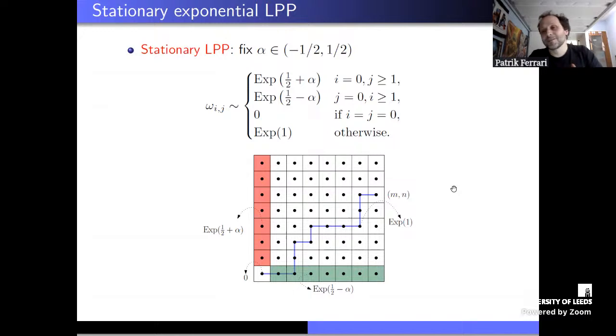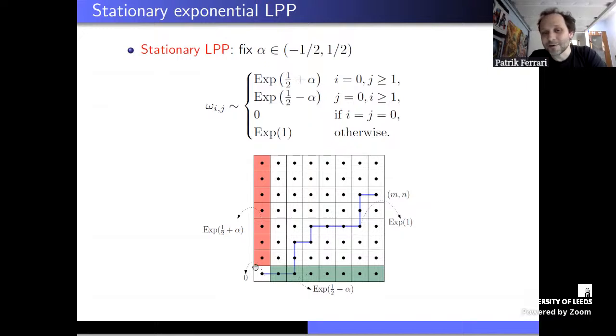In this talk, we will speak in particular about the stationary last passage percolation. At least one of the stationary measures for last passage percolation is the following. You fix a parameter alpha between minus 1/2 and 1/2, and then you do the following modification.